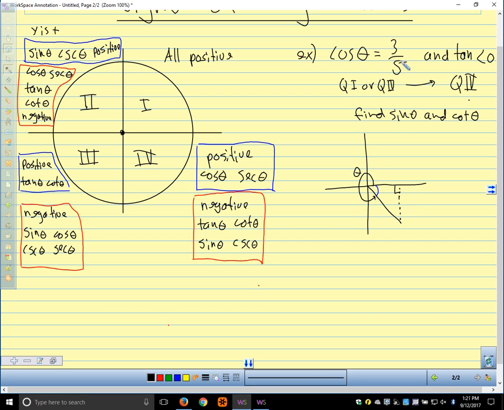So this side is 3, that side is 5, this side is 4, and we're in the 4th quadrant, so I'm going to write it as -4. If we keep track of that plus and minus in our quadrants, that's what allows us to work with that angle in the triangle and not the whole angle in the standard position. All right, so we're set now. Sine theta is opposite over hypotenuse, -4/5.